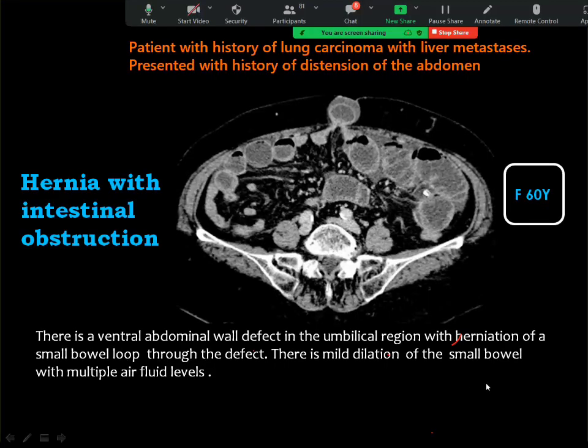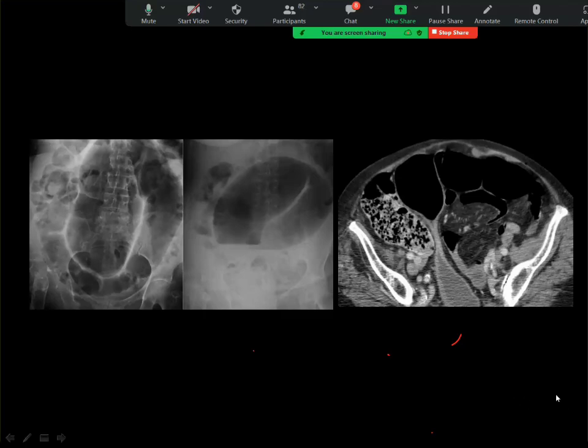Every time you are assessing hernia in the abdomen or in the inguinal region, look for the possibility of incarceration and the associated intestinal obstruction. Next case is plain film of the abdomen and the CT scan as well.